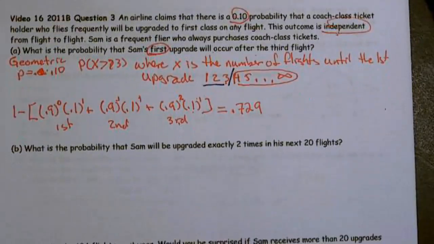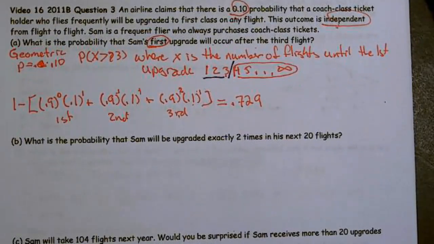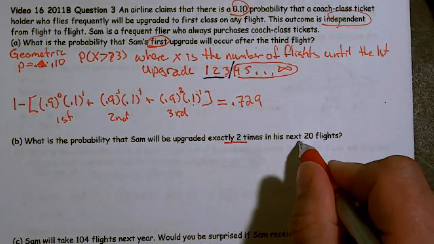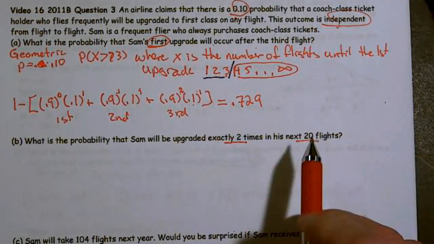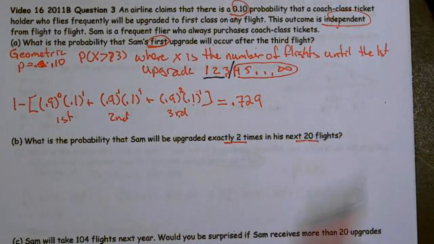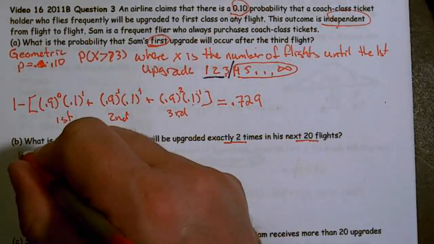All right, part B. What's the probability that Sam will be upgraded exactly 2 times in his next 20 flights? Well, here I have a specific number of trials. The fact that I have a specific number of trials lets me know that this is the binomial.